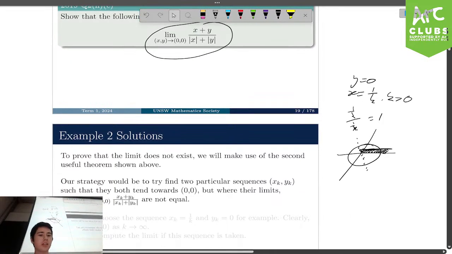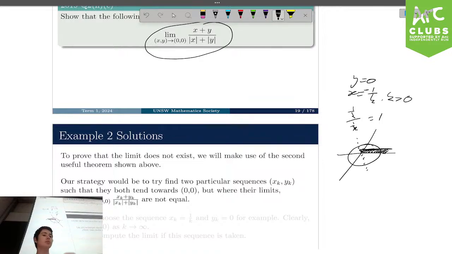I can do another thing: what if I tack on a negative there? This sequence still approaches (0, 0) as we go along, but the magnitude of our value takes effect. So we add a negative there, and we get -1 as our new limit from the opposite side. We're calling this the x-axis, y-axis, all of that jazz.